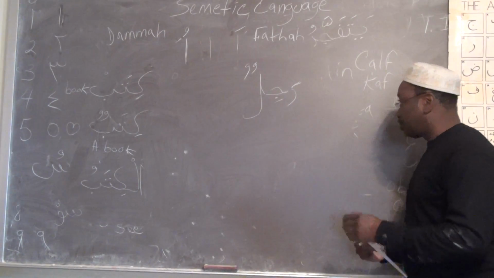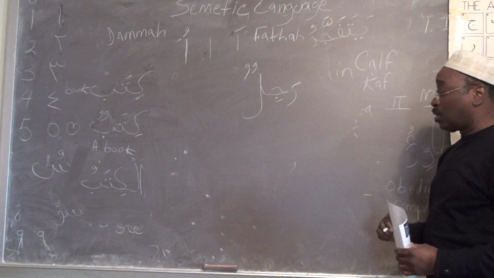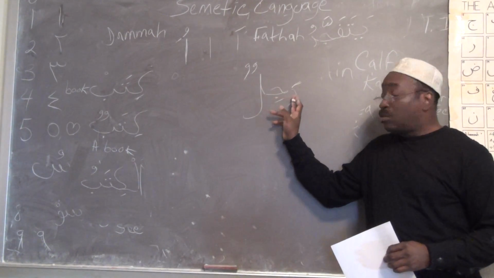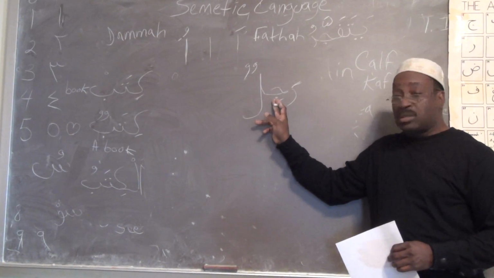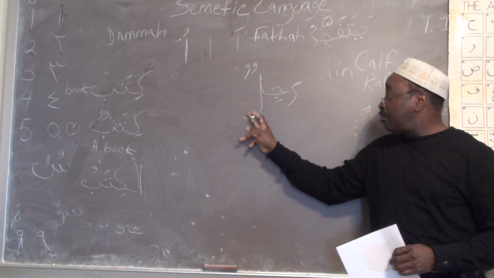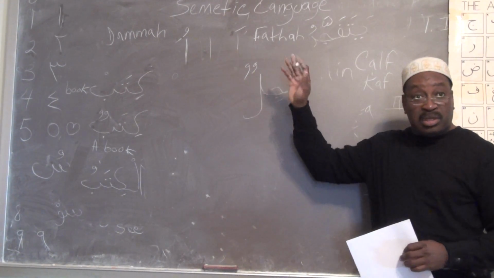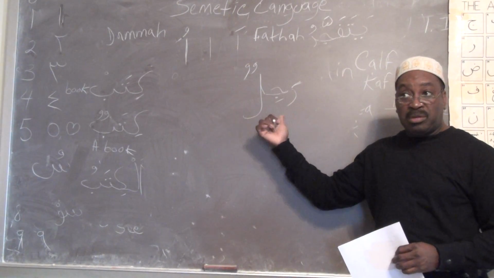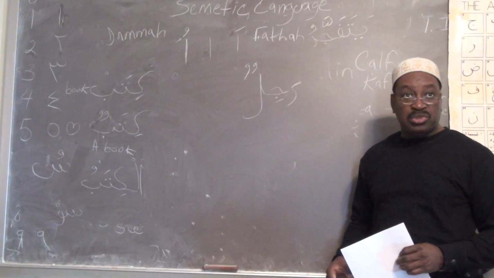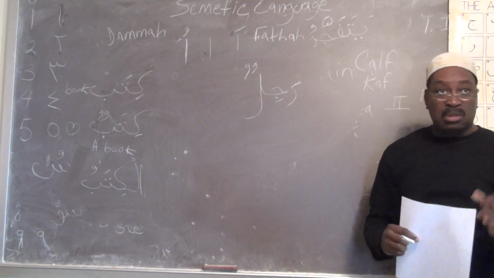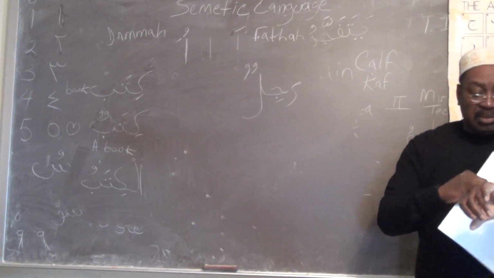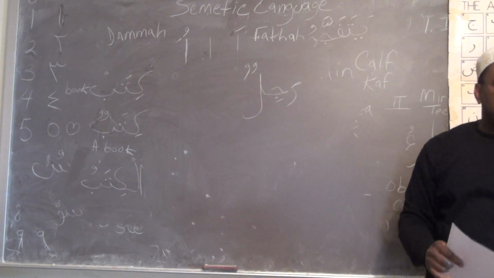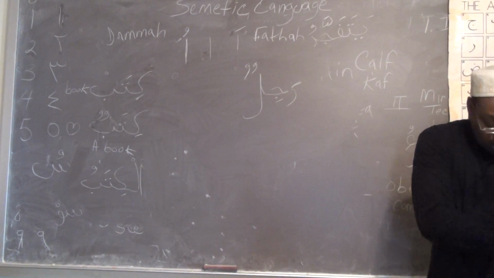What letters do we have here? Lam. We put it all together, incorporating the vowels that we have up here, and we have the word what? Rajulun. Question. We gonna break for prayer? What time do we have? No, we just did the prayer at 1:30. Right, we just did it at 1:30.